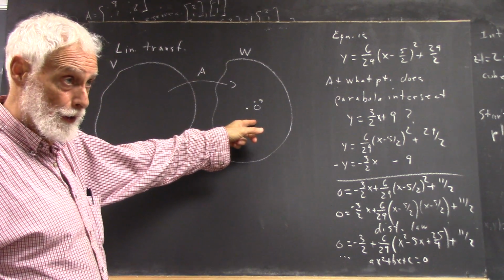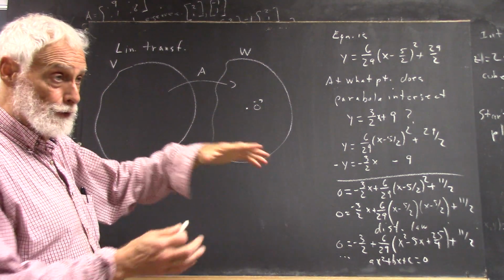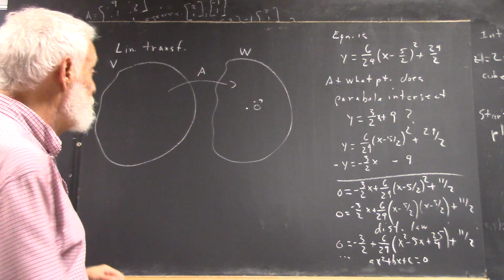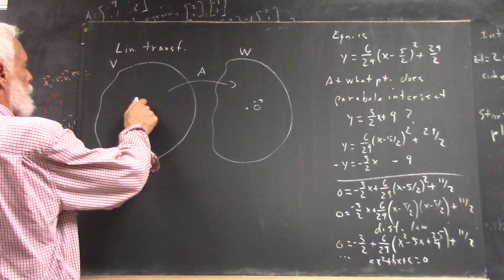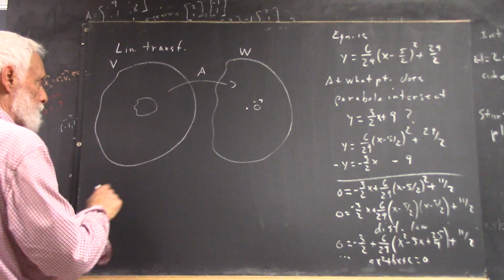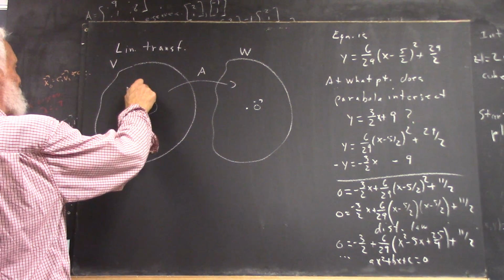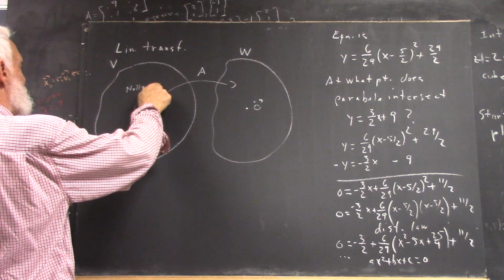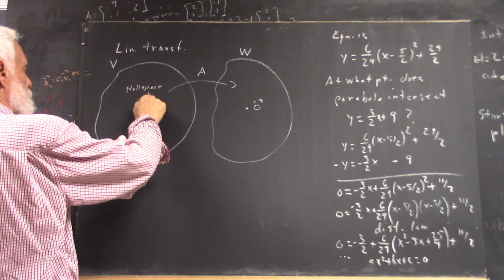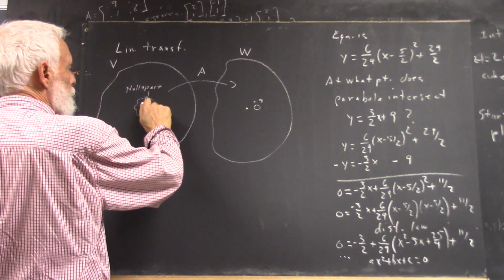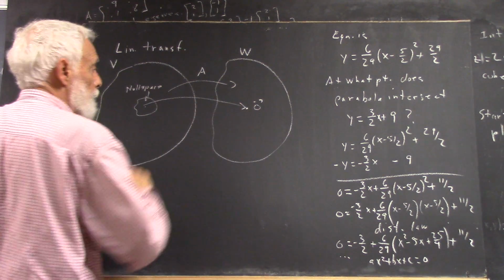It's easy to show that if you just follow the steps. But in general, you could have some subspace over here, some set of vectors. And we call this the null space. And everything in the null space maps to zero.